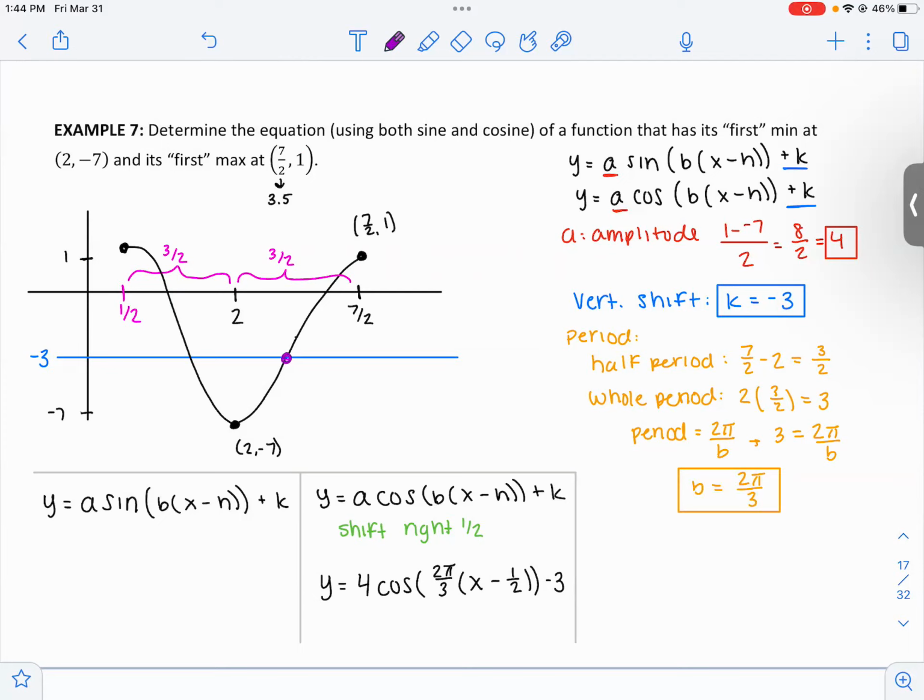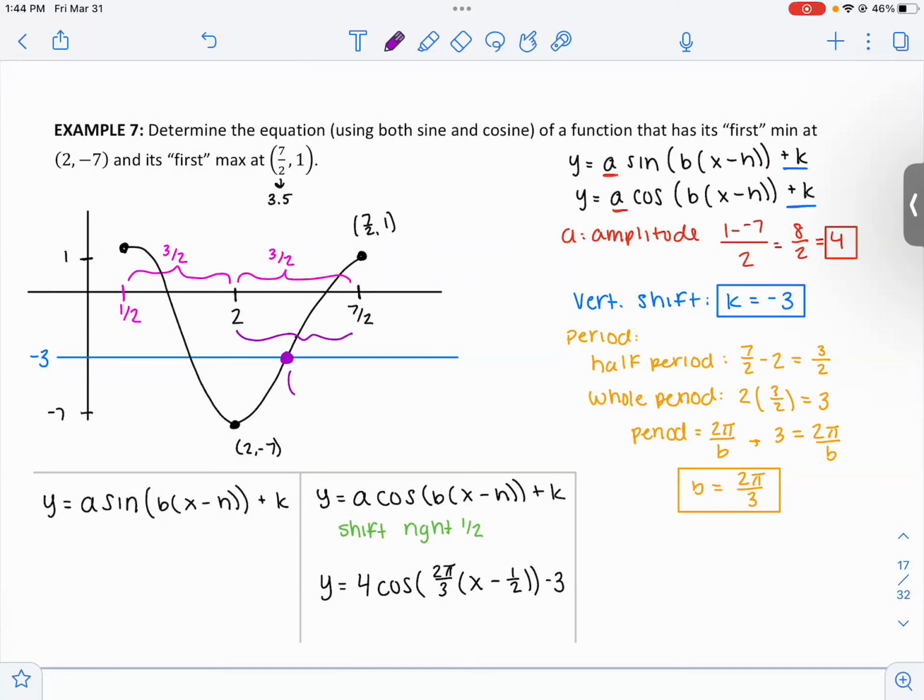And you might be thinking, hey, that happens right here. So if I could find the x value that exists right there, that would tell me what my shift would be. To find that x value, well, that point will always exist halfway between kind of that 2 and that 7/2, even if it's not drawn perfectly.